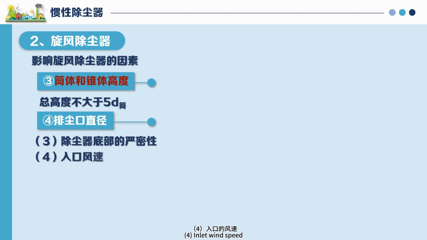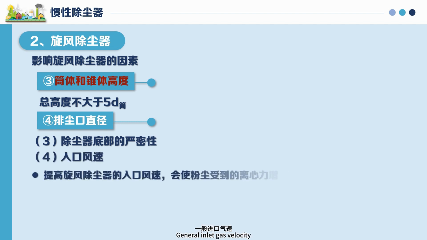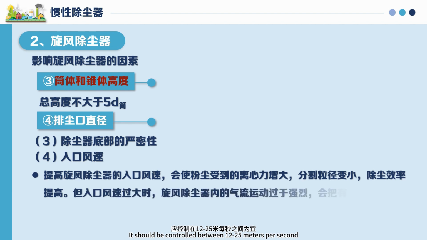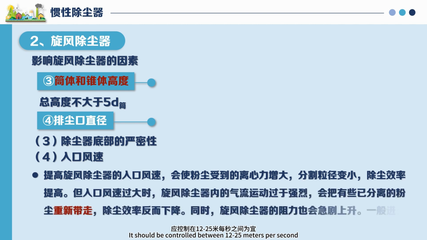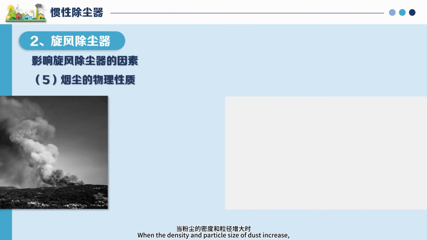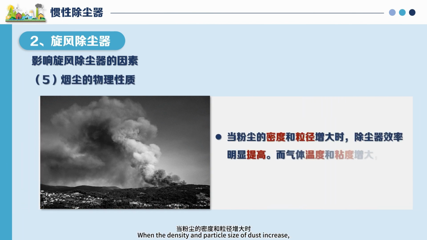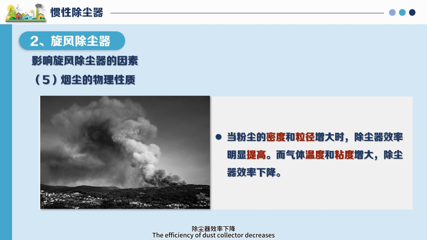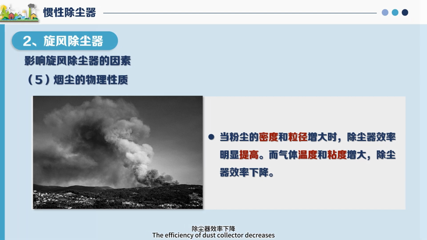Inlet wind speed. General inlet gas velocity should be controlled between 12 to 25 meters per second. 5. Physical properties of soot. When the density and particle size of dust increase, the efficiency of the dust collector is obviously improved. While the temperature and viscosity of the gas increase, the efficiency of the dust collector decreases.